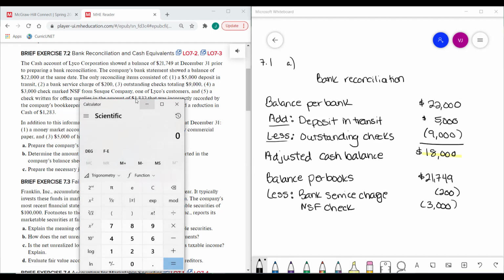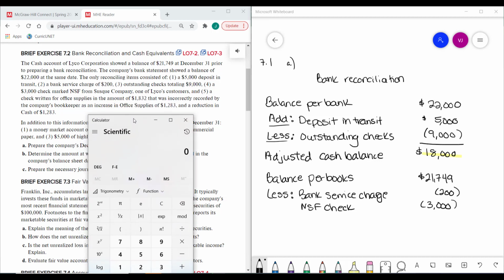And let's take a look at the book error. So we wrote a check for $1,832, so we paid the correct amount, but when we recorded that payment for office supplies, we accidentally recorded the reduction in cash as $1,283. So we didn't reduce cash enough, right? Cash was reduced by $549 too little, that's the amount that's missing, right?